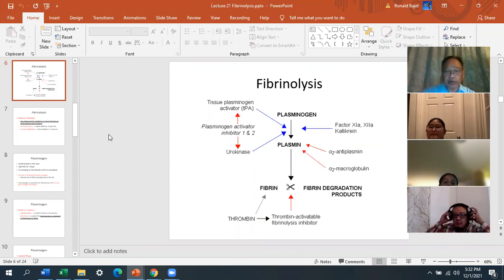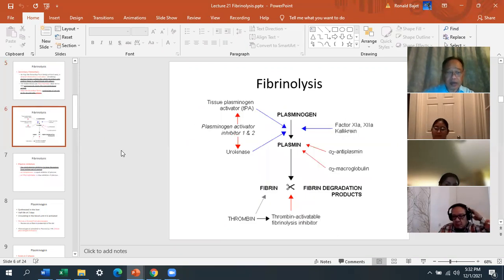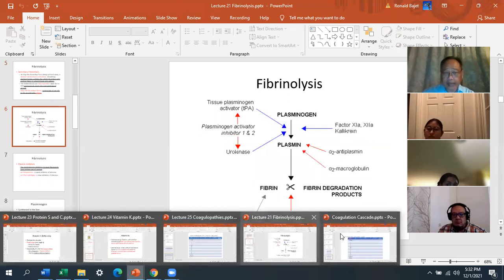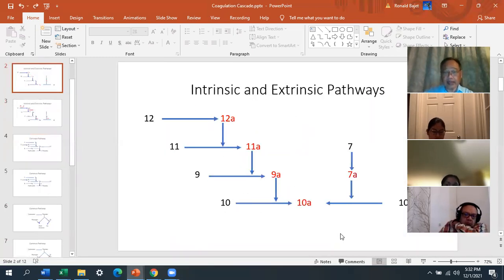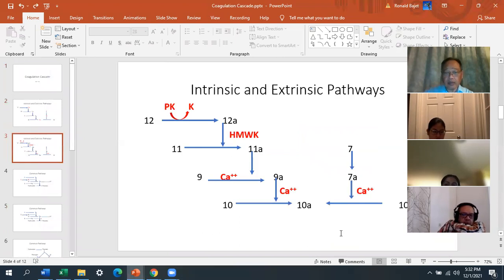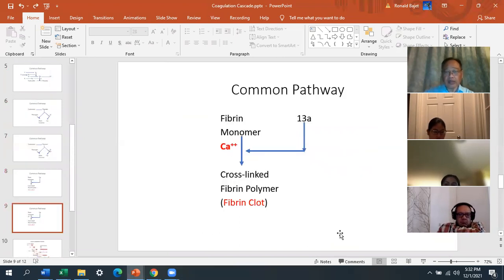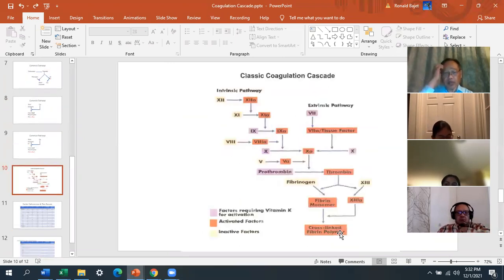Make sure you can reproduce this. And make sure you can reproduce the coagulation cascade, that you can put all these together into one cascade. That looks like this, but not the Roman numerals. Again, I don't care for the Roman numerals.